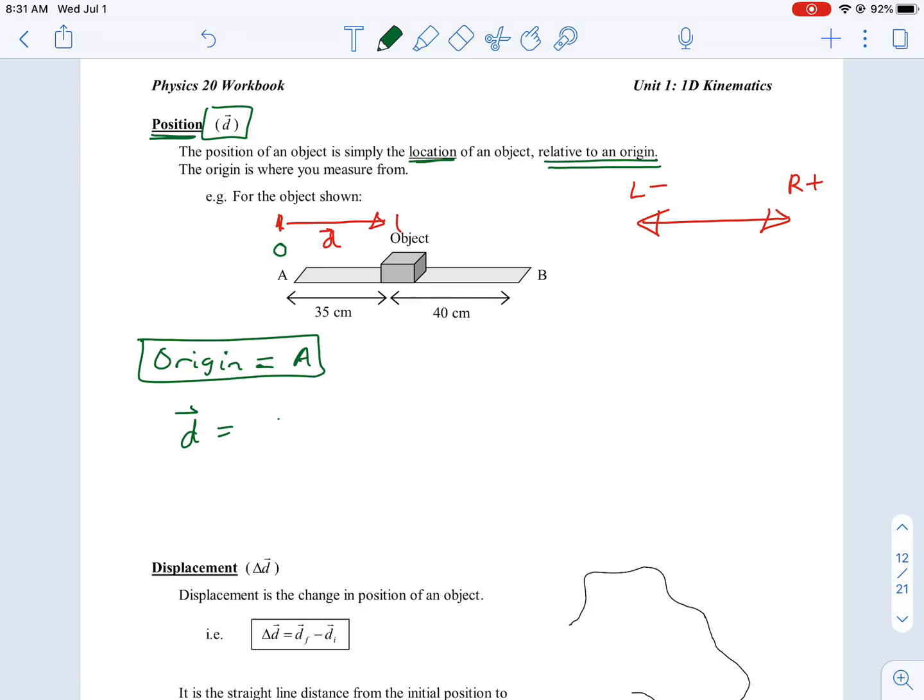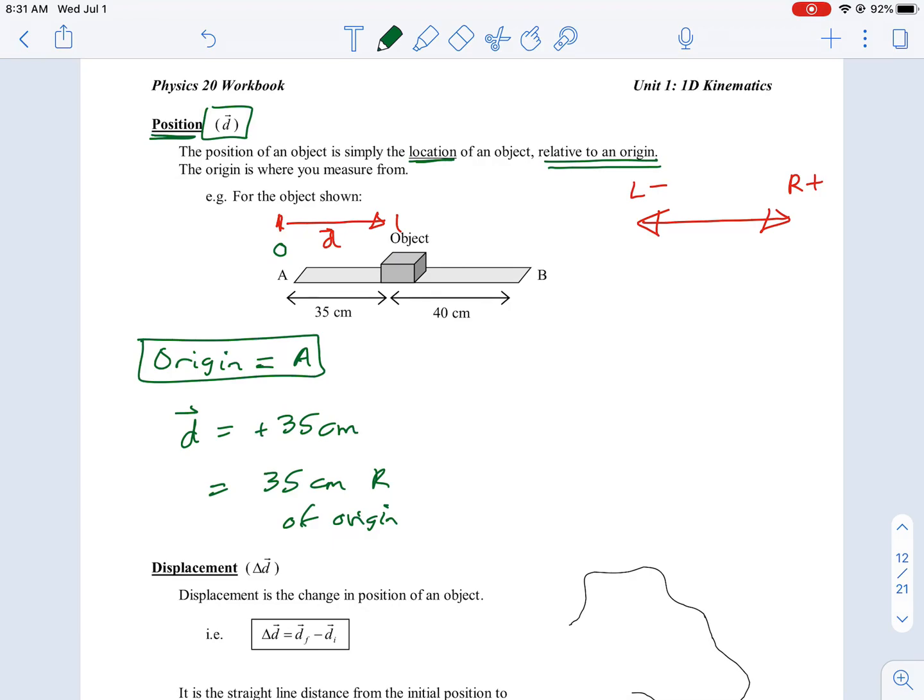So it's going to be 35 centimeters, and because it's to the right, it'll be positive 35 centimeters, which can be interpreted as 35 centimeters right of the origin, which is A.